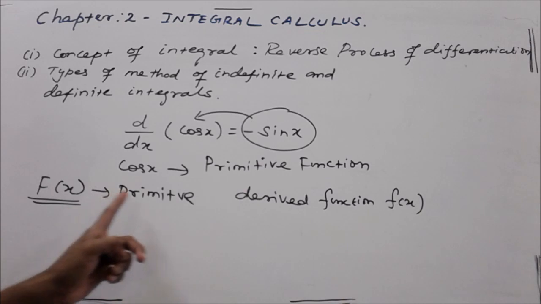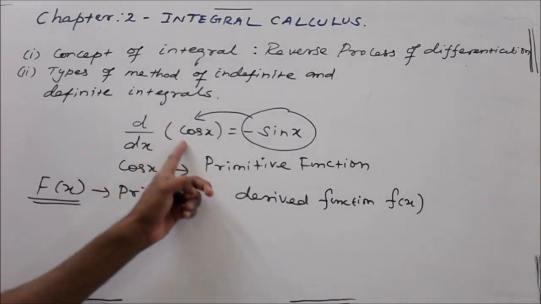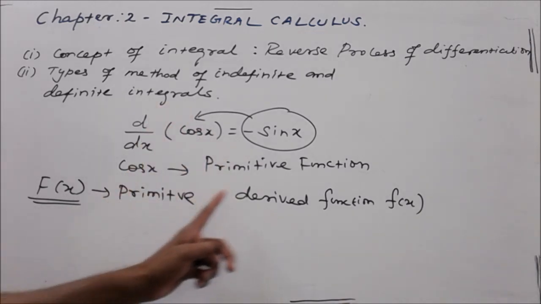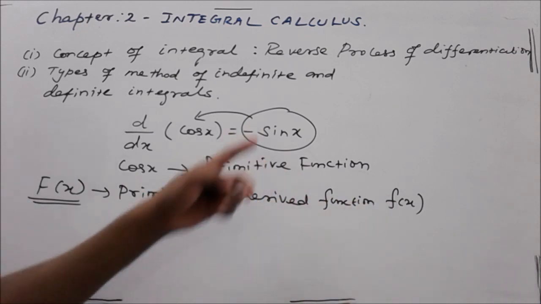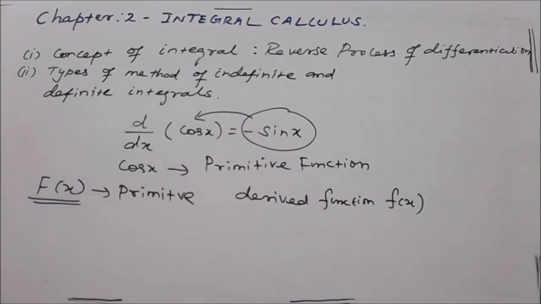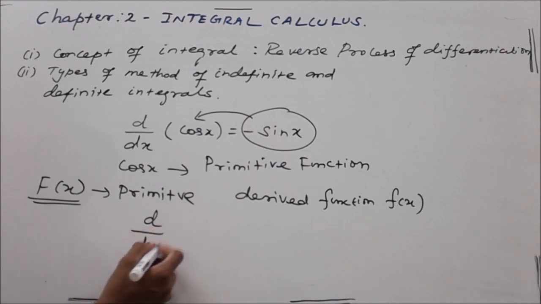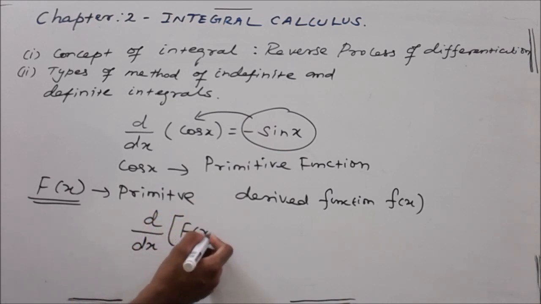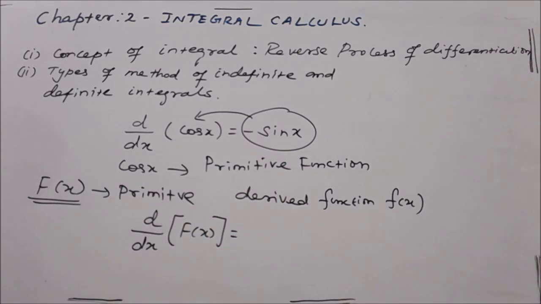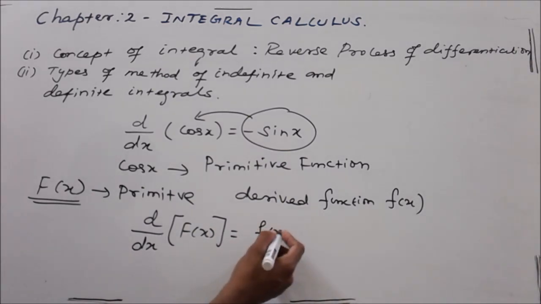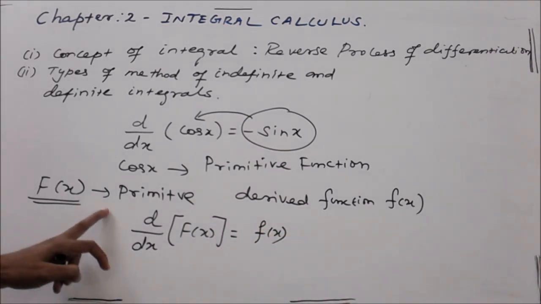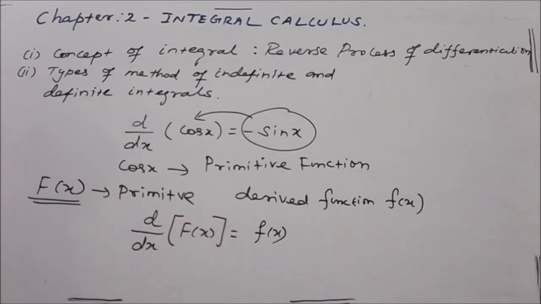So capital F of x is primitive, that means cos x is primitive, and the derived function is small f of x, that is, minus sin x is f of x. Then d by dx of capital F of x will be equal to small f of x. This is the definition.